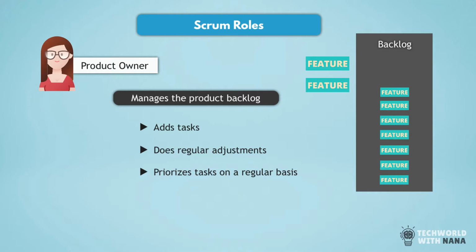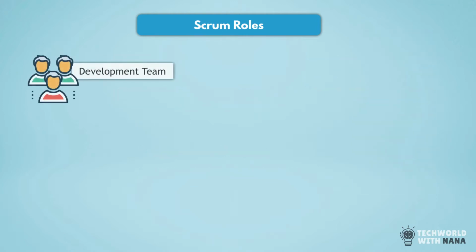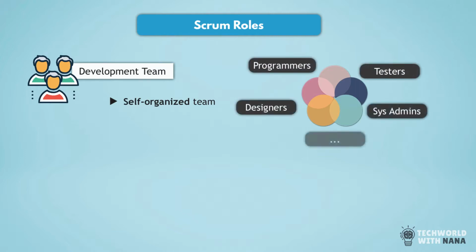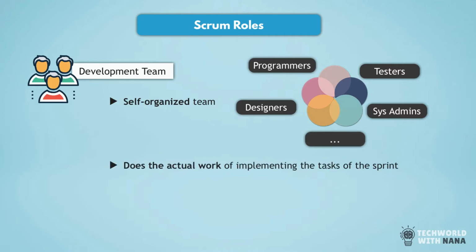And finally, we have the Scrum team, which is a self-organized group of people who have different backgrounds, such as software development, testing, design, operations, etc., to actually implement the project and do the tasks and produce deliverable products.